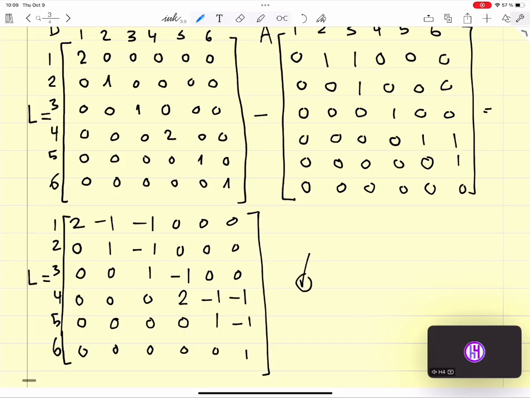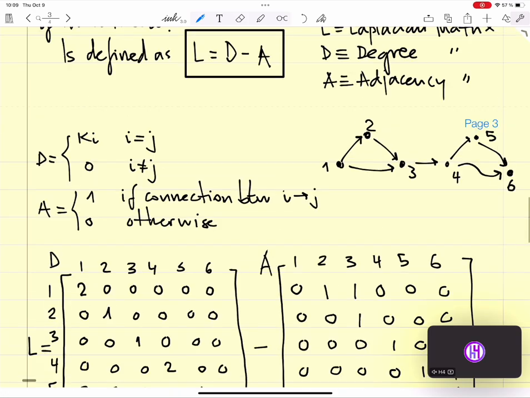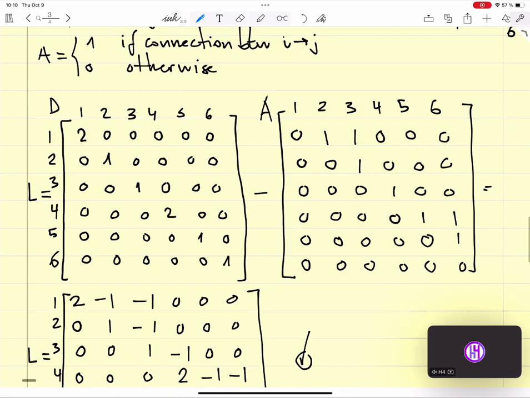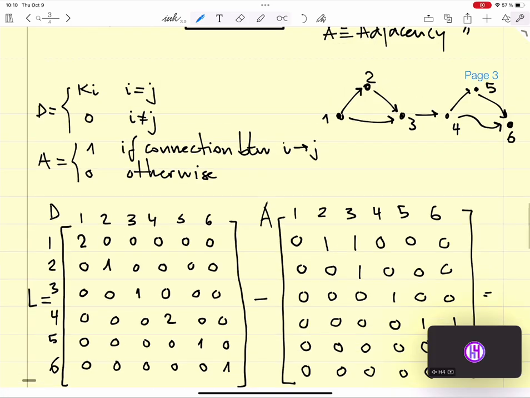This question was asked last semester: calculate average path length, clustering coefficient, and degree and Laplacian matrix of a network just like this. Okay? Yeah. Why does node 6 have a neighbor? 6 has no neighbor because there's nobody connected to 6. Yeah, but in the degree matrix we have a 1 at 6, 6.